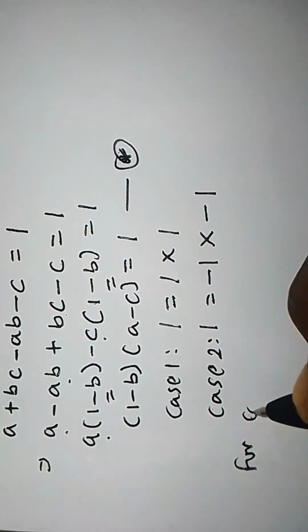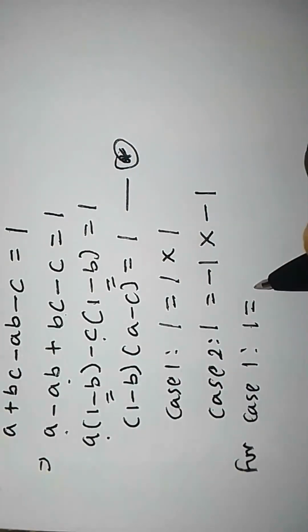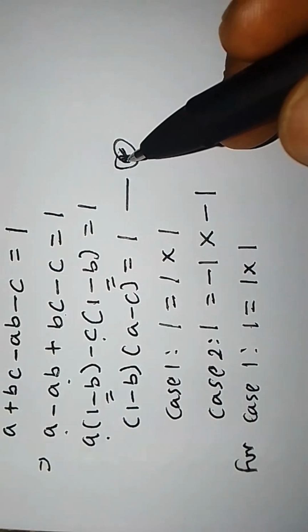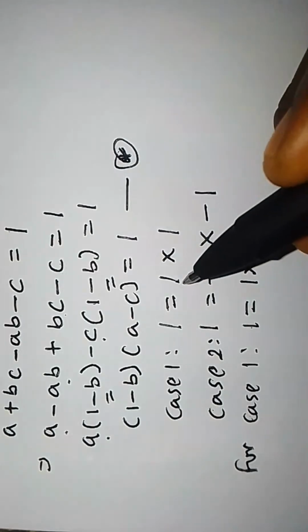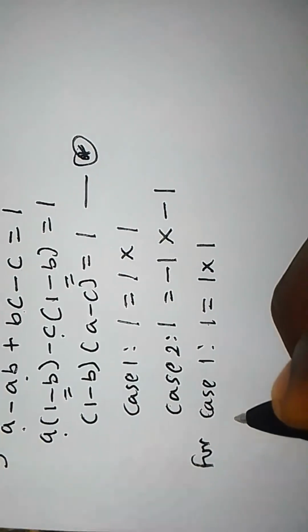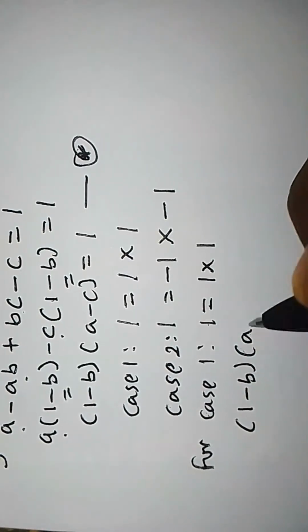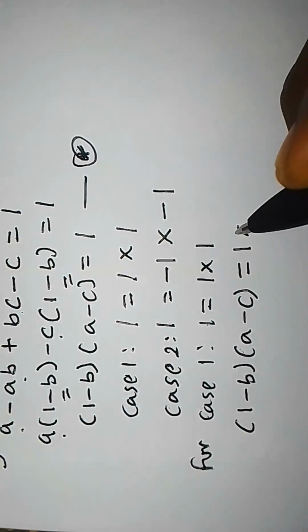For case 1, we have 1 equals 1 times 1. So back to this equation star, we have to replace this particular 1 with 1 times 1. That's what we are going to do now. So that will be 1 minus B times A minus C equals 1 times 1.